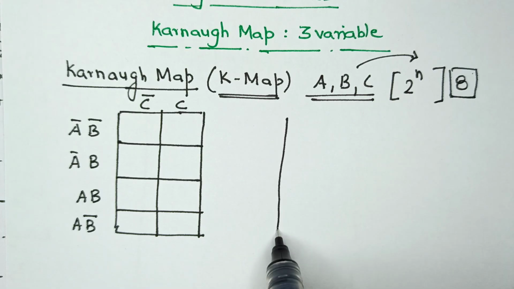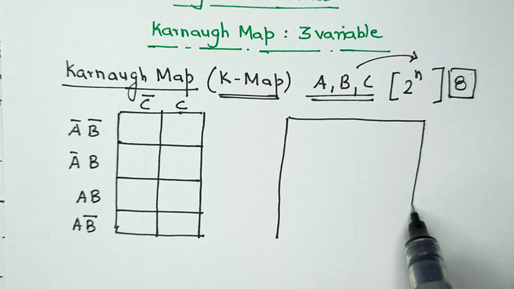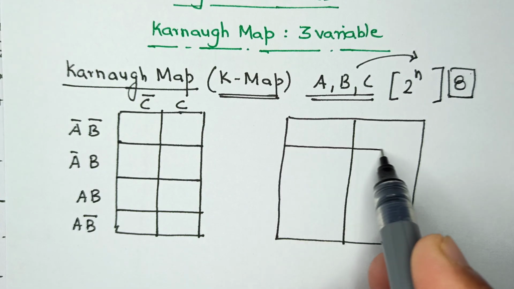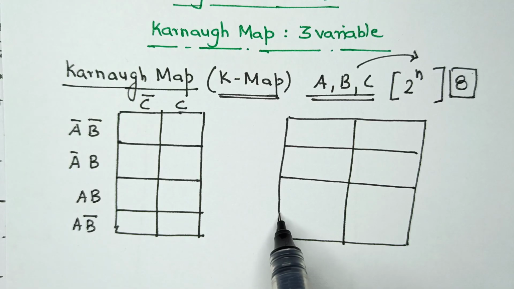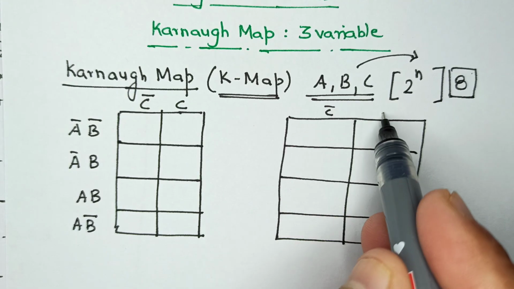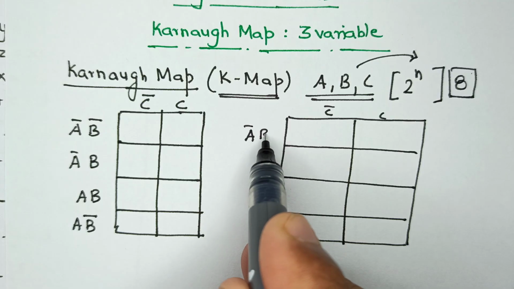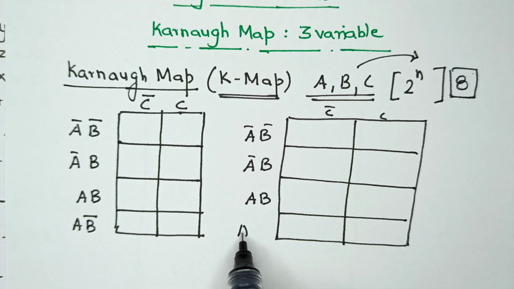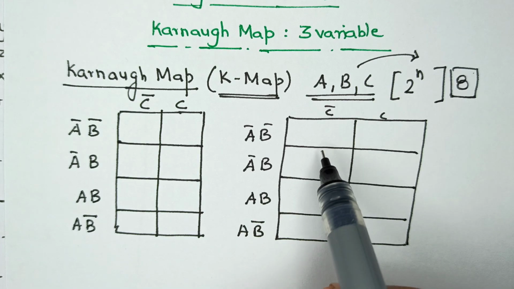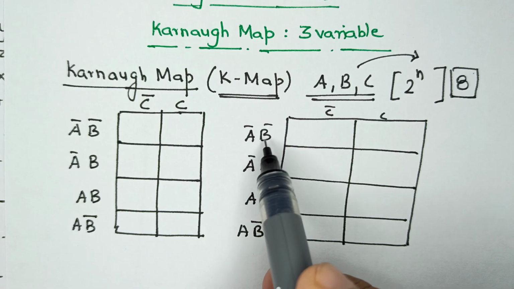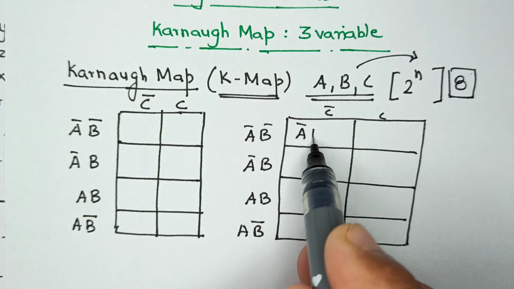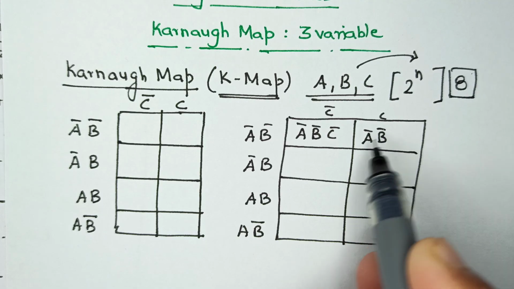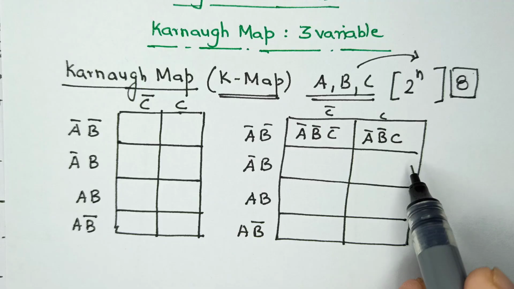Let me redraw this again with a bigger dimension, and then we can analyze what lies inside the cells. We'll go ahead with C bar and C. The first one would be A bar B bar, then A bar B, then AB and AB bar. The first cell is a cross link between this row and this column, so this would be A bar, B bar, C bar, and then this would be A bar, B bar coming from here and C coming from here.